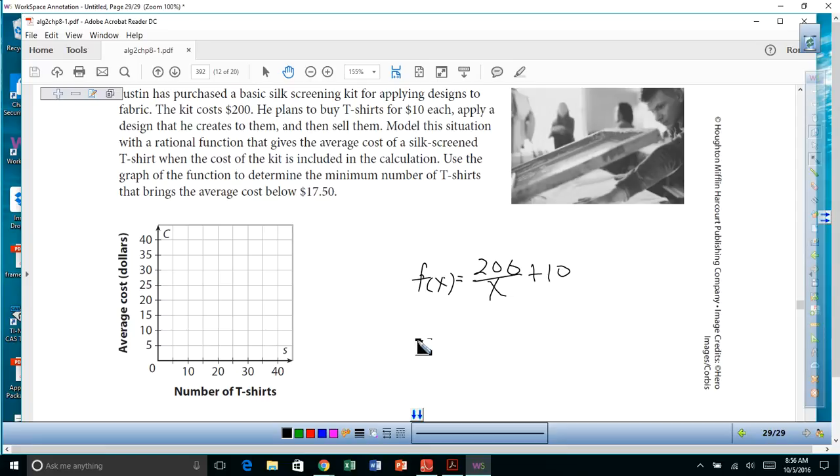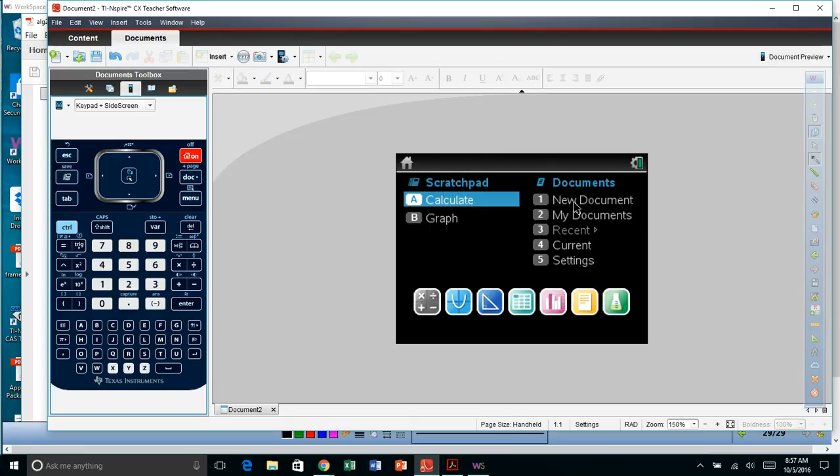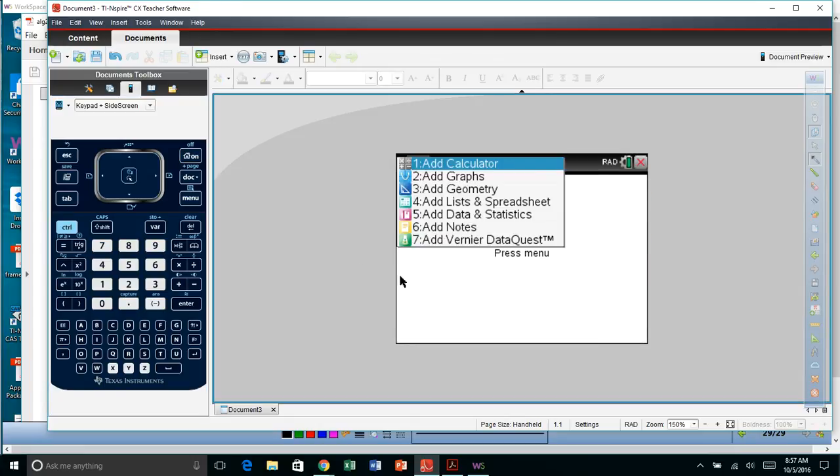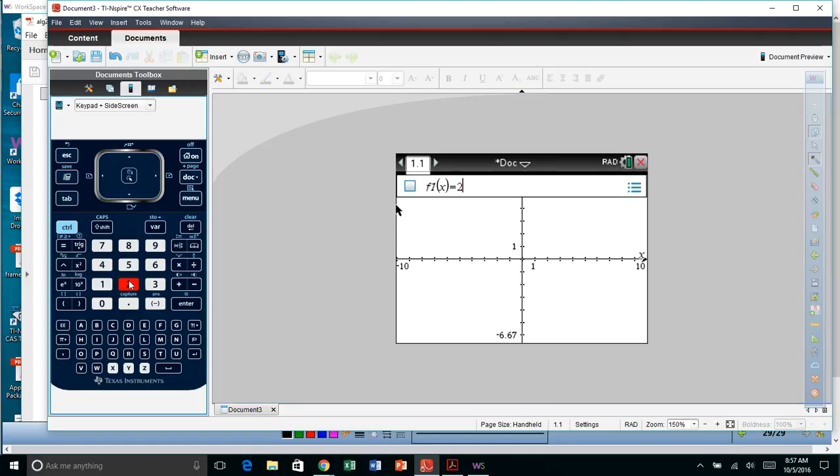And we'll put g of x, we want to be at 17.50, right? So let's go to our trusty rusty calculator. New document, no graph, and I've got 200, control divide x plus 10. And we'll hit graph on that.